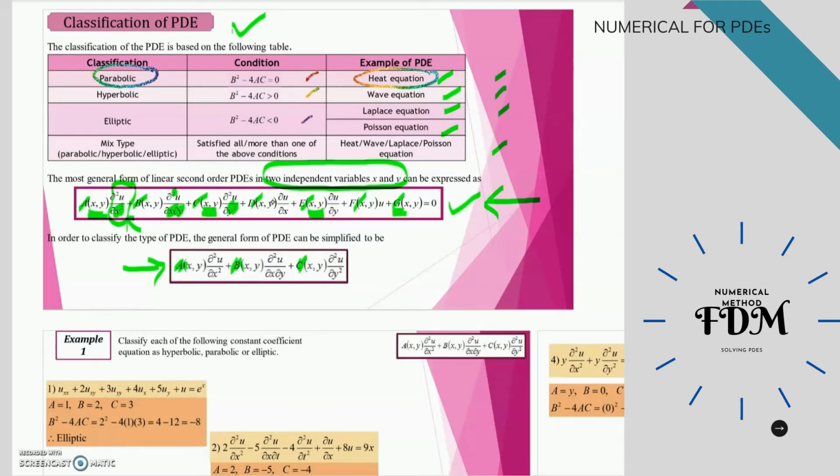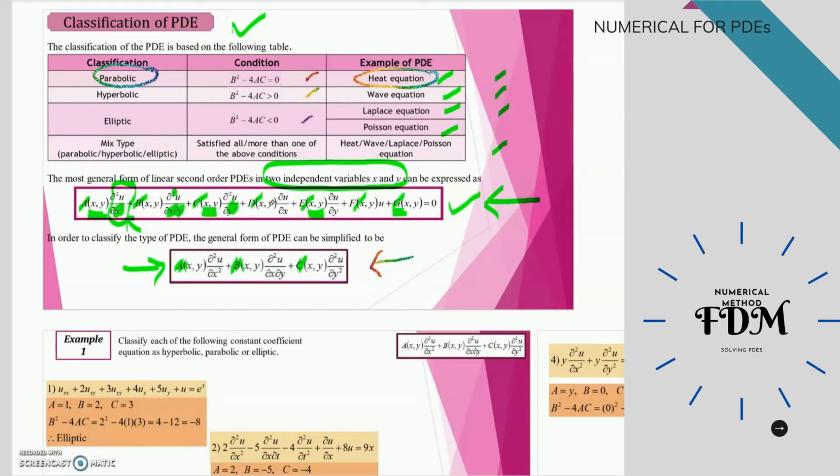So I can ask you, heat equation is a type of parabolic equation. Is it true or false? So the answer is true. Or I can give you a function like this, and then you must check for b squared minus 4ac. If you get b squared minus 4ac equals 0, I can ask you to determine the type, the classification of the PDE.